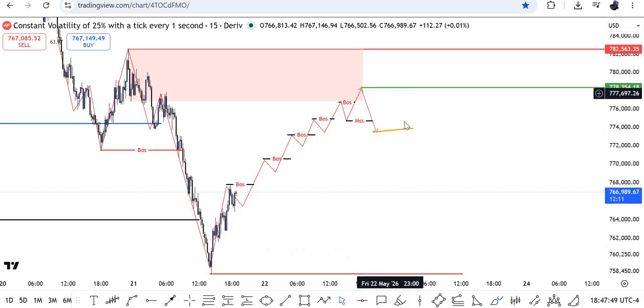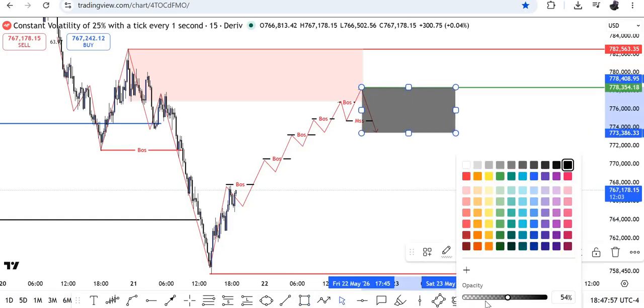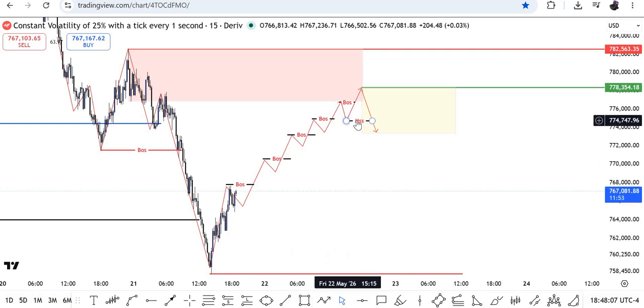Let me get these off. Or I can use the box. Now we're focusing on this range right here. Boom. The procedure remains the same, guys. Once there is a break below or above, price normally retraces.